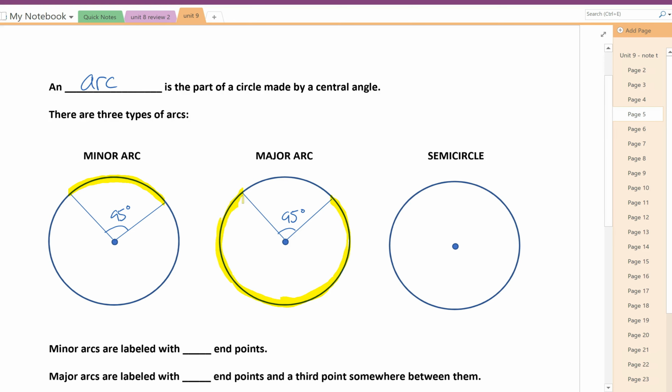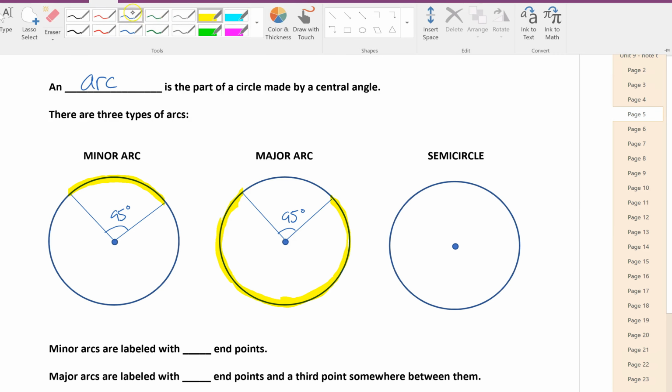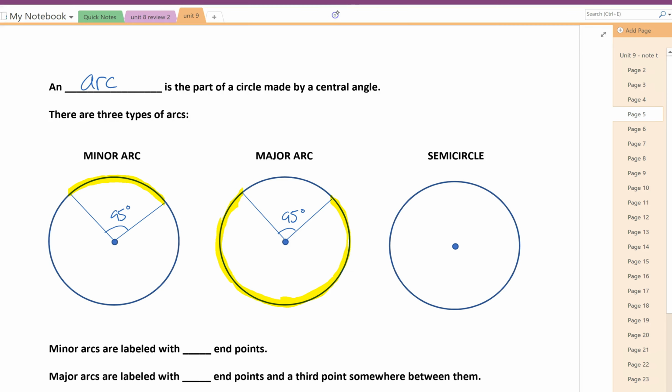Almost any angle that I have inside of a circle as the central angle will have a minor arc and a major arc. The only kind that doesn't is if I have a semicircle, and that means my central angle is just made by a diameter, right? So there's going to be 180 degrees over here, another 180 degrees over here.